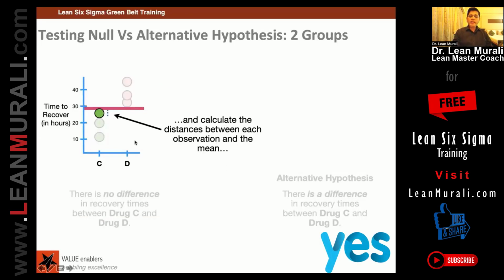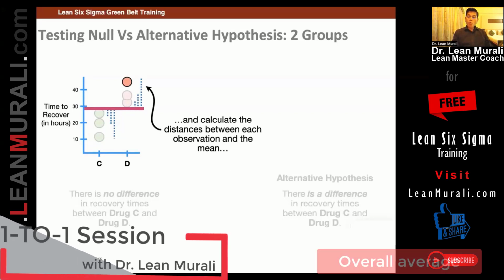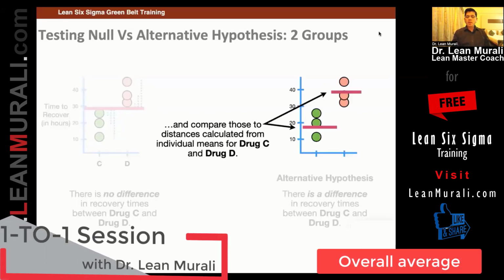So you calculate the distances between each observation like this. We know the recovery time of this guy, this guy, this guy, this guy, this guy. What is the distance? Calculate the distance of each observation from the overall average.